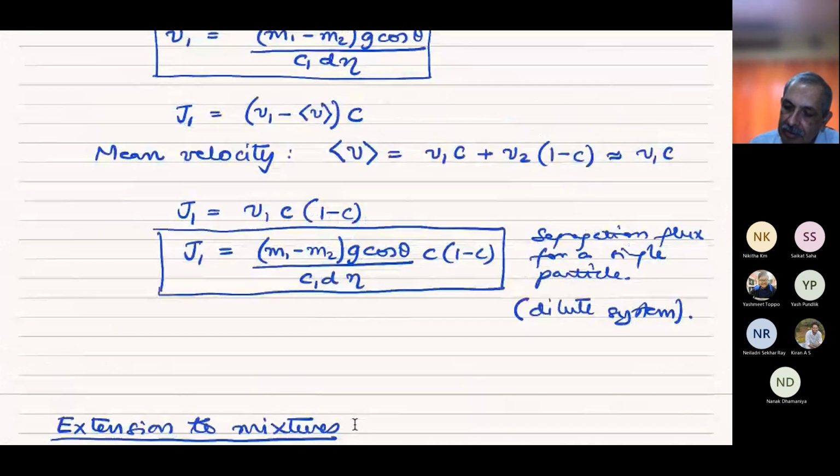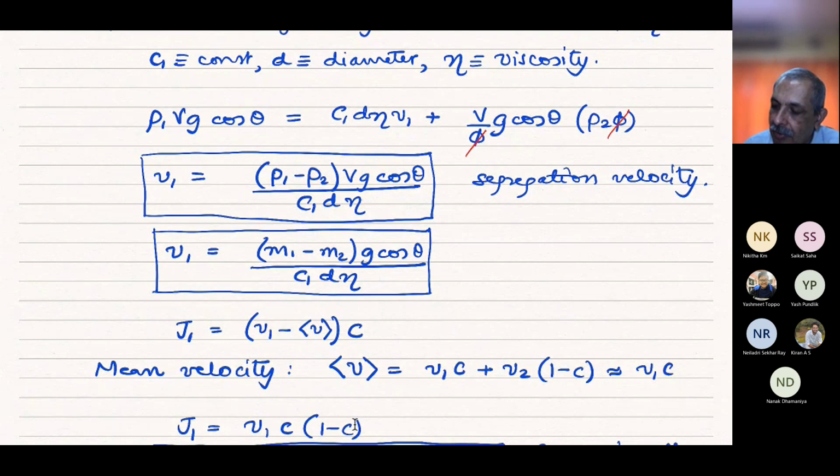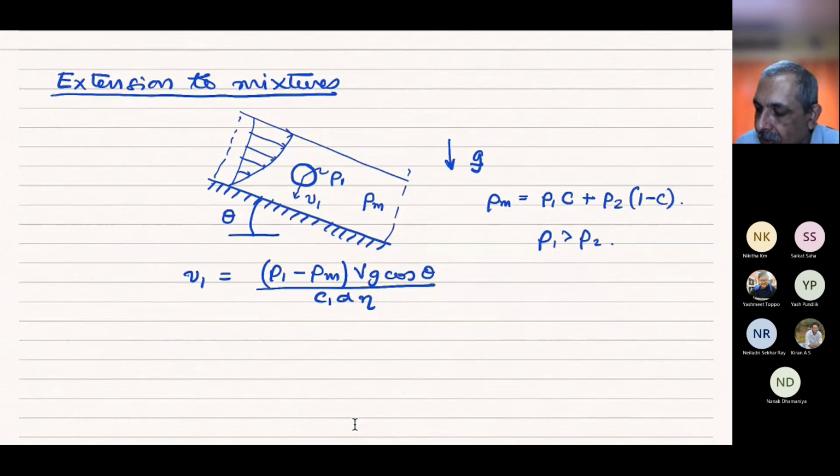So it's the same as this formula. Only thing, instead of rho 2, I'm putting now rho m, where rho m is the mean density for both rho 1 and rho 2.